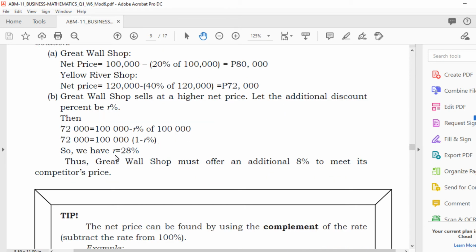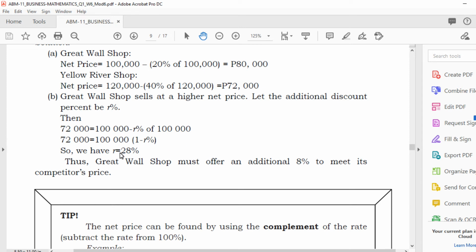Kaya sabi natin dito, Great Wall Shop sells at a higher net price. Let the additional discount percent be R percent. So, titignan natin kung magkano ang difference. So 72,000 is equals to 100,000 minus the R percent of 100,000. Dahil ito, transpose mo siya, magiging 72,000 is equals to 100,000 times 1 minus the percentage.